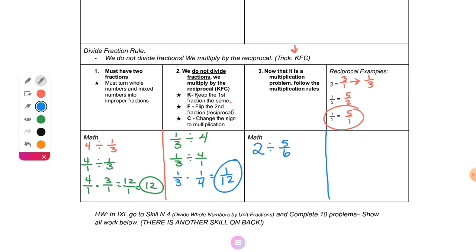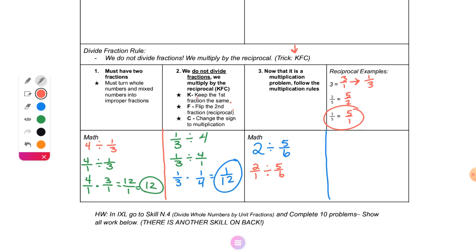Same thing. First, we must have a fraction divided by a fraction. Lexi, can you make that a fraction divided by a fraction? Okay. Divided by 5/6. Now, we do not divide fractions. What do we do? We multiply by the reciprocal is our rule. Our trick is KFC.